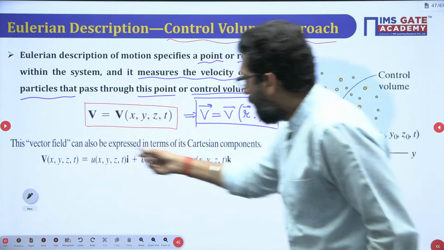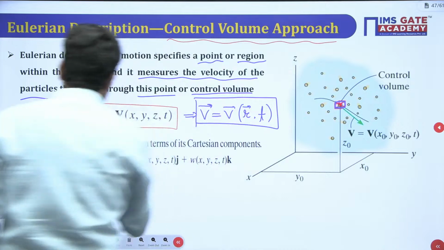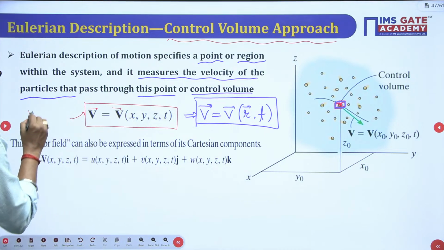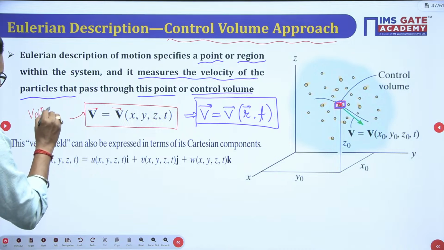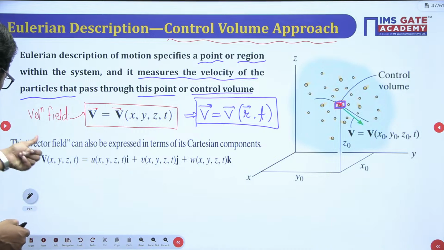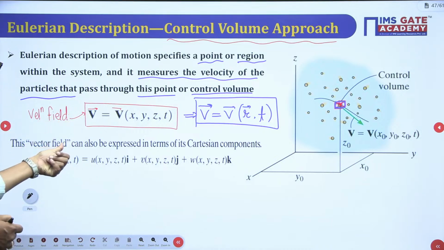This is called the field, the velocity field. This is a vector, called the velocity field.